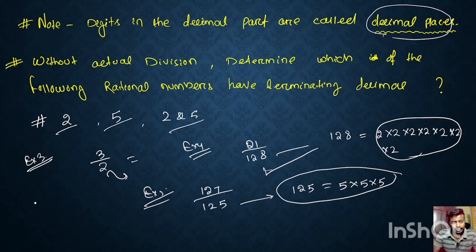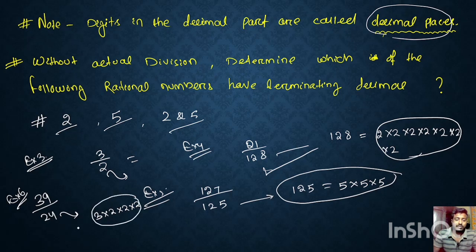Suppose another example, 39 divided by 24. This is example number 6. The denominator is 3 into 2 into 2 into 2. But this is not a terminating decimal number.